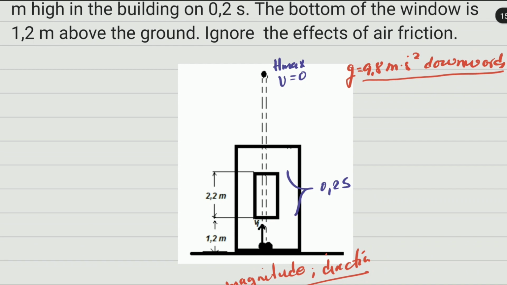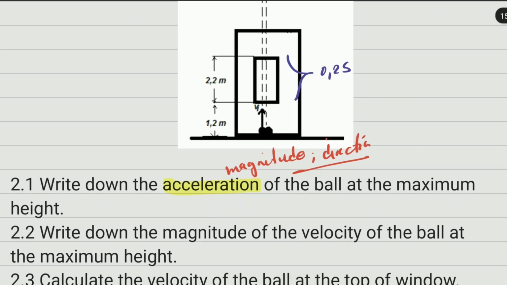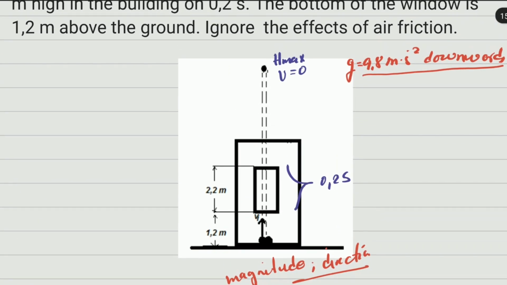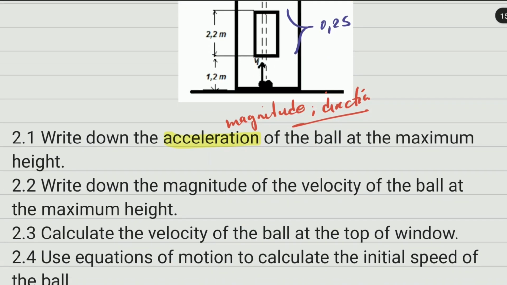We said 9.8 meters per second squared, that is the magnitude, downward is the direction. Second mark, write down the magnitude of the velocity of the ball at the maximum height. At the maximum height, the magnitude of the velocity is 0, and we did write it here as well. We said that the velocity at the maximum height is 0. Okay, so that is the first two questions, very important, no calculation required.